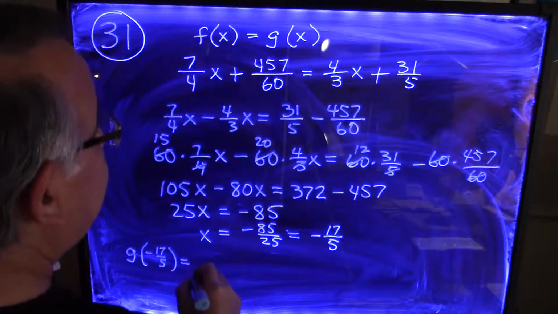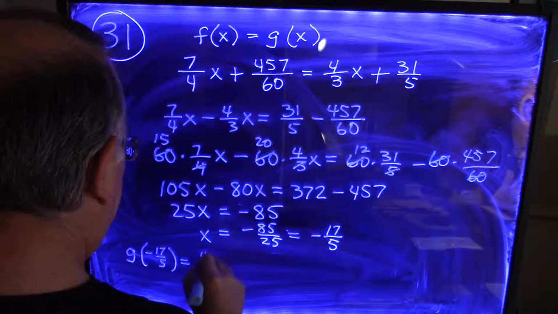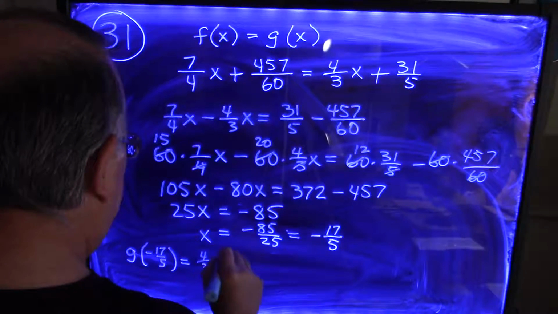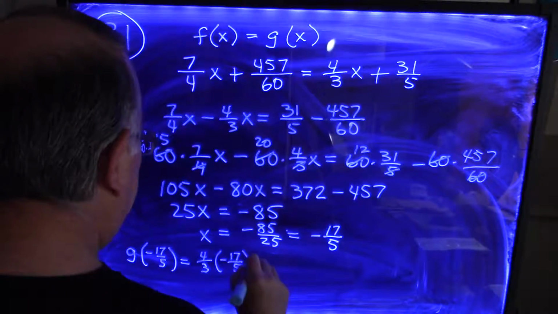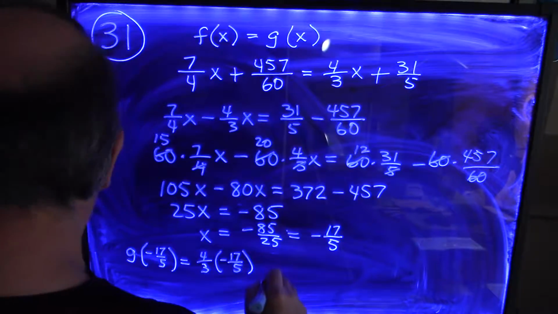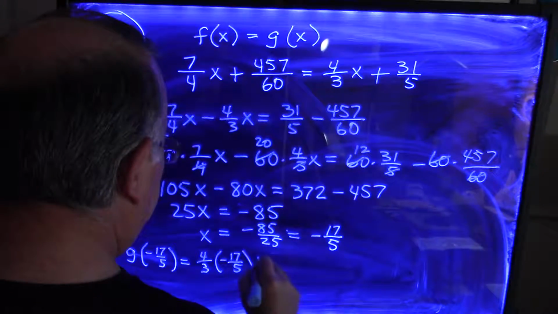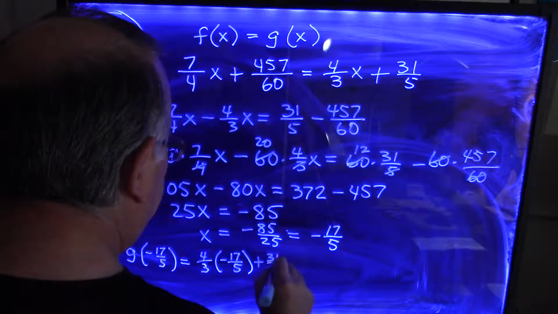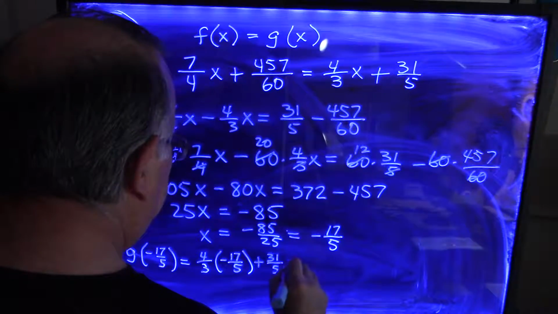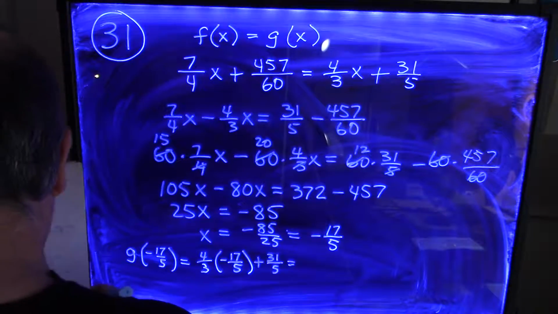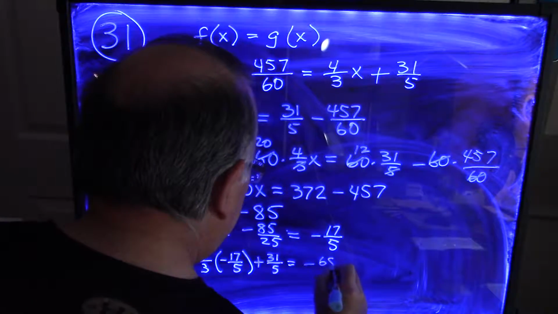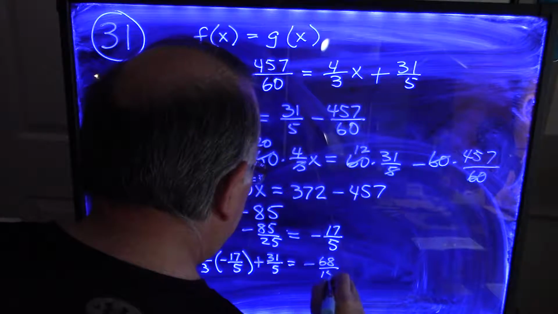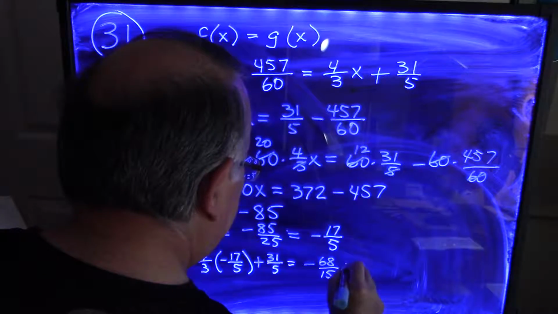That equals 4/3 times negative 17/5 plus 31/5. And that equals negative 68/15 plus 31/5.